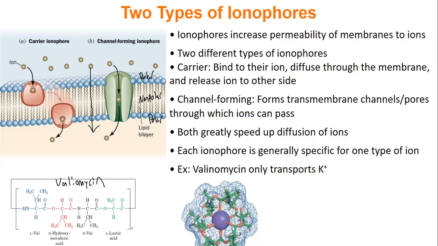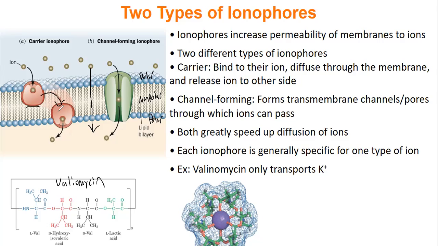And so we have two different types of ways, or ionophores, to move our ions across. One is just a carrier, and it's like what it says, it will just carry an ion across the membrane. The other one forms a channel or a pore, which will allow our ion to go through. Both greatly speed up transport, from basically zero to thousands to hundreds of thousands of molecules a second.